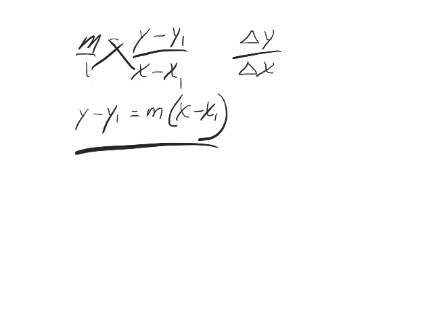So if we know the slope of a line and the coordinates of one point on the line, we can find an equation of the line using either the point-slope equation, which we have here, or the slope-intercept form.